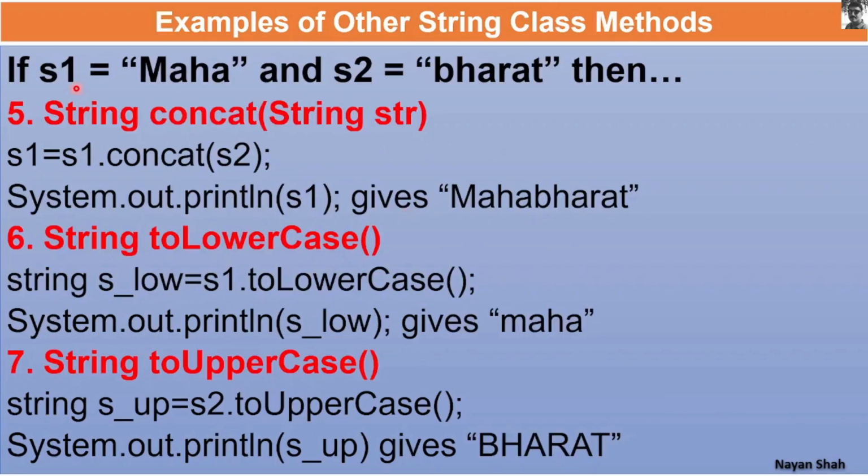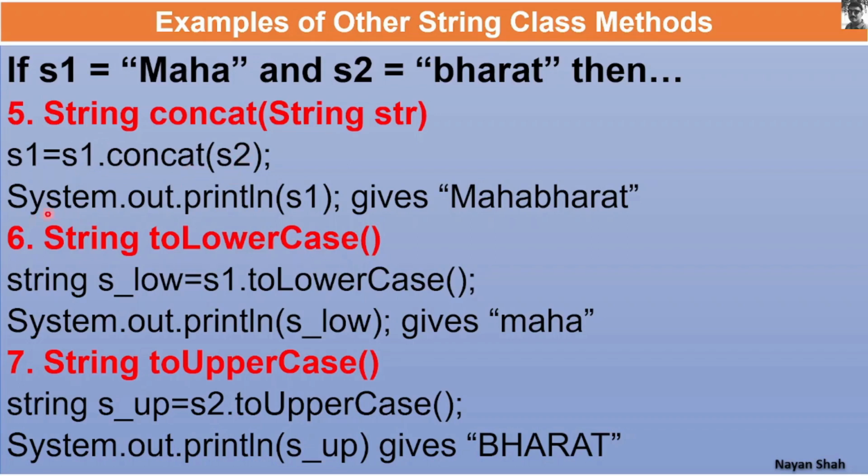If string s1 is equal to Maha, and string s2 is equal to Bharat, then s1 = s1.concat(s2). So s1 will be replaced by the old value of s1 connected with s2.